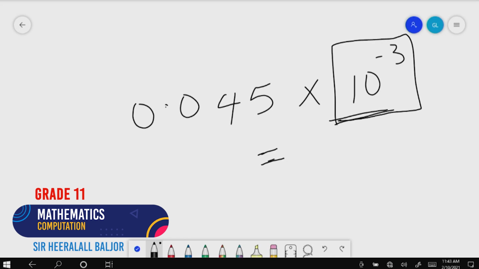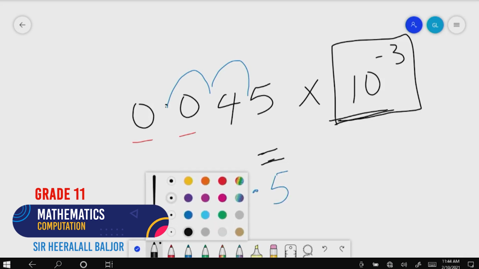However, it's not in the generic form of scientific notation. The scientific notation principle means we need a number that has a value in front of the decimal. In this problem, the number in front doesn't have a value, which is 0.0. Hence, we need to have a number that has a value. So we need to shift the point to let the number have a value.